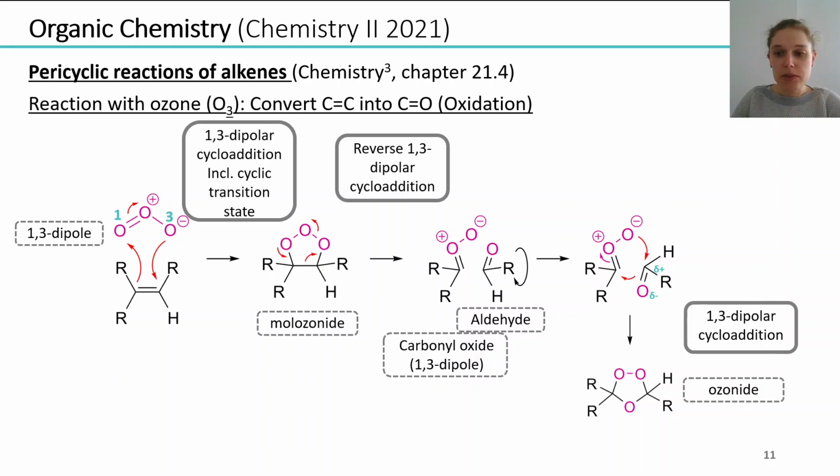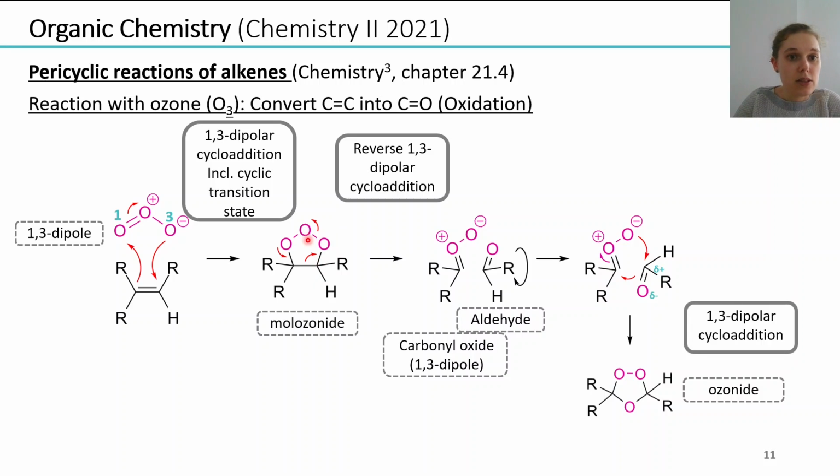And this reverse 1,3 dipolar cycloaddition starts with the movement of one electron pair from an oxygen atom towards carbon. So you can see this first step here, and the electron pair from the oxygen will go here in order to form a new carbon-oxygen double bond. At the same time, the carbon-carbon bond will break, and the electron pair will go up towards this oxygen atom.